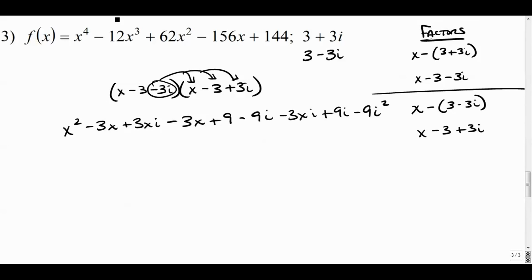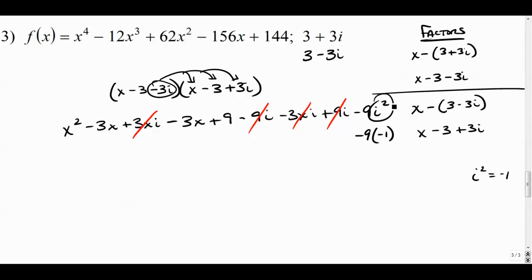Okay. Looks confusing, but again, hopefully things will cancel out. Plus 3xi minus 3xi cancel. Minus 9i plus 9i cancel. The i squared over here is actually a negative 1. If you remember, one of our identities in complex numbers, imaginary numbers, is that the imaginary unit i is equal to the square root of negative 1, otherwise known as i squared equals negative 1.